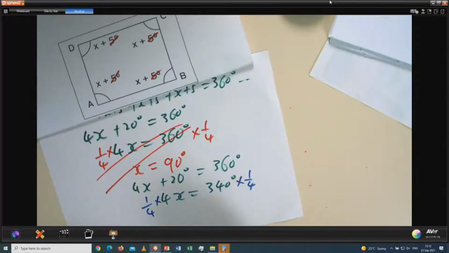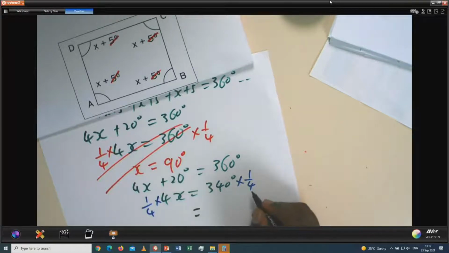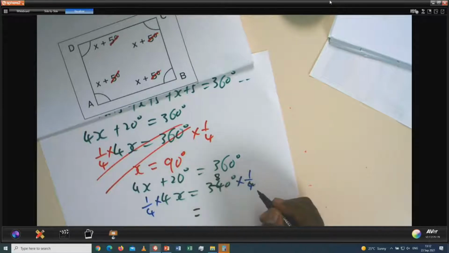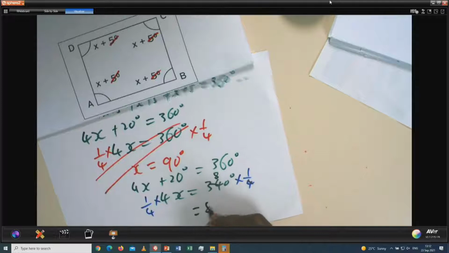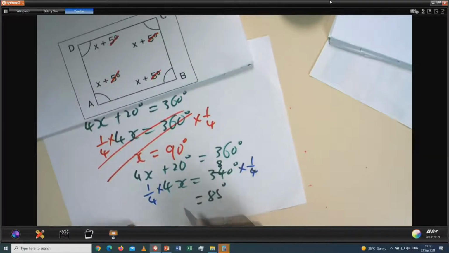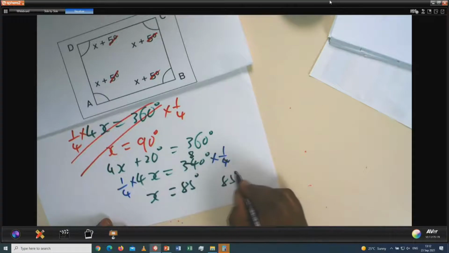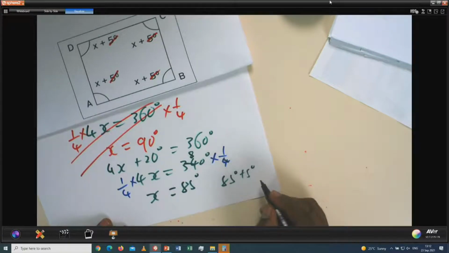Therefore, your x would be 4 into 34, 8, 32, and then into 25, which is 85 degrees. That makes sense now, because 85 degrees plus 5 degrees equals 90 degrees.